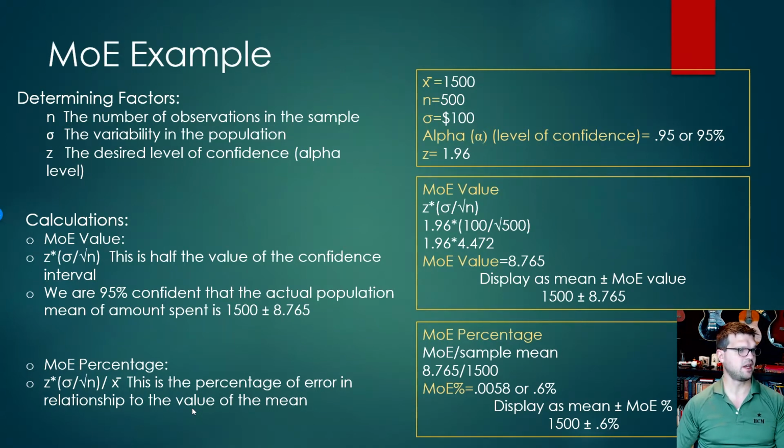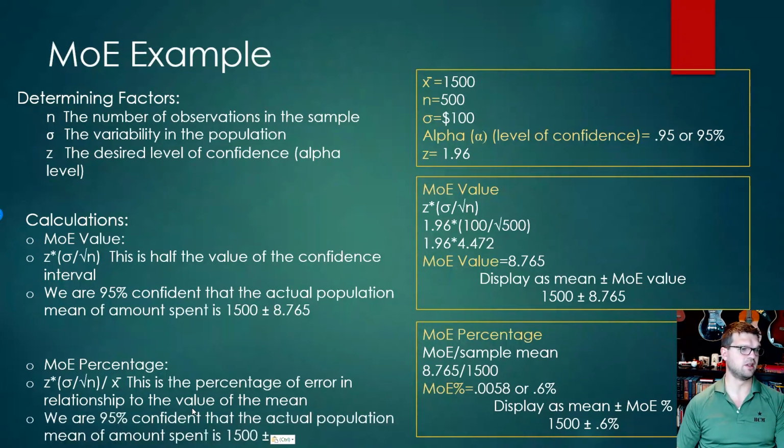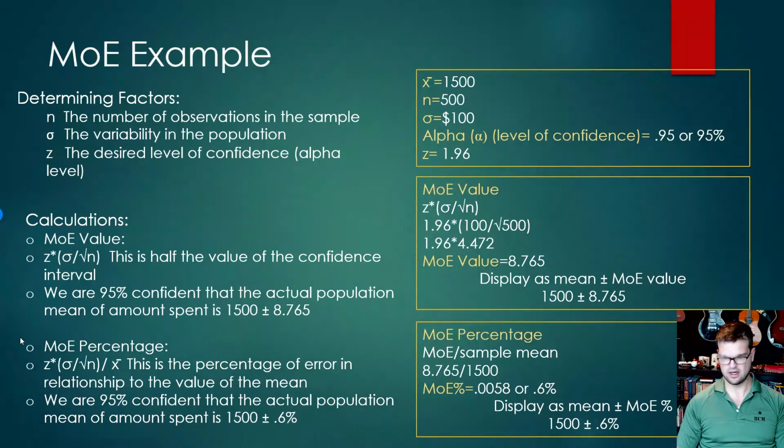So the calculation is more or less the exact same thing, and the interpretation is pretty much the same, but instead of plus or minus the value, it's going to be plus or minus the 0.6%. So 1500 plus or minus 0.6%.